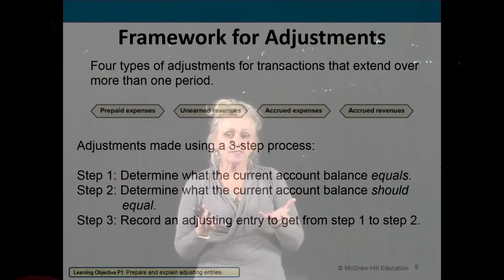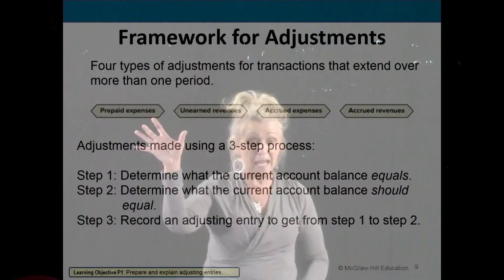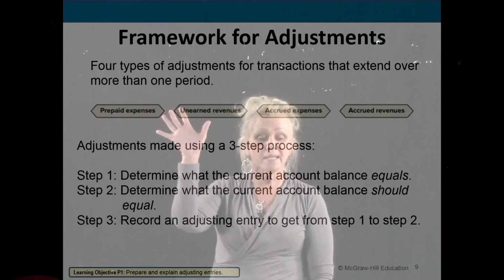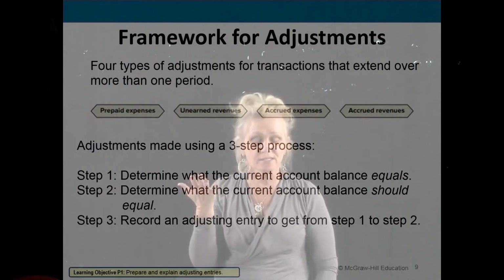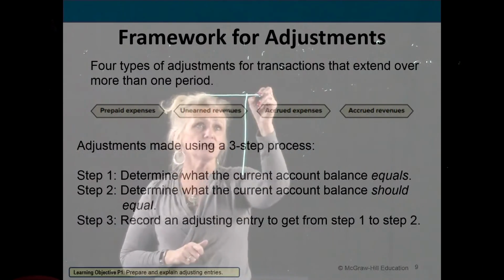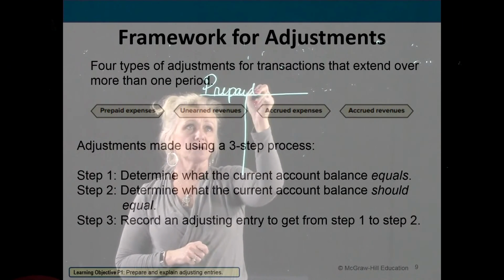So the framework for these adjustments is that you determine what the current account balance is, you determine what the account's balance should equal, and you record that adjusting entry. So let's go back to our insurance example, prepaid insurance.